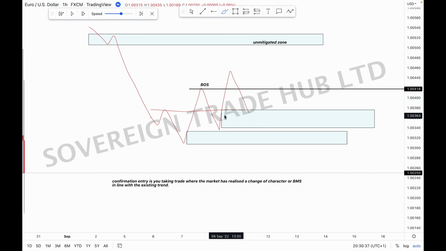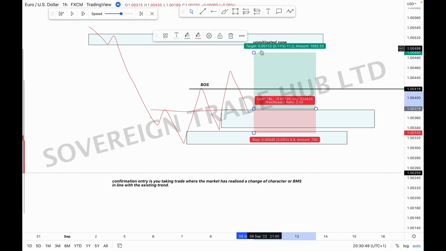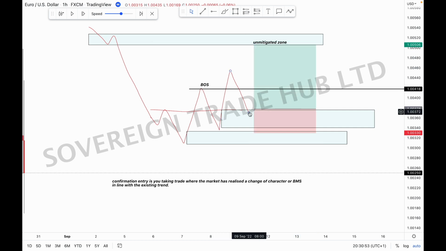This zone here sponsored the break of this high. So you just place a pending order here. Let me say this is your stop loss and you are targeting this high. So as the market steps back into this zone that broke this high, you should just pick your order and move up. As simple as that.